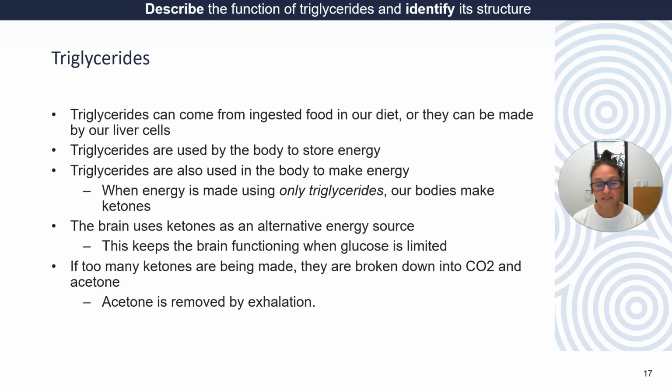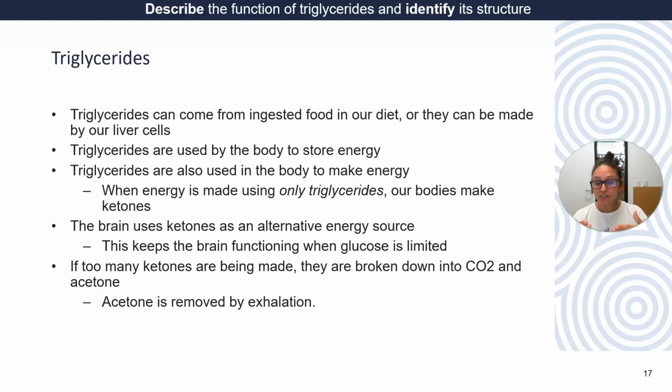Now, what happens if, for example, your body cannot use glucose? So we can't make our energy from glucose. Your body is going to find something else to use. Our bodies love glucose. That is the go-to energy source, but they will find something else if glucose is not available. So if there's no glucose there, we go to triglycerides.